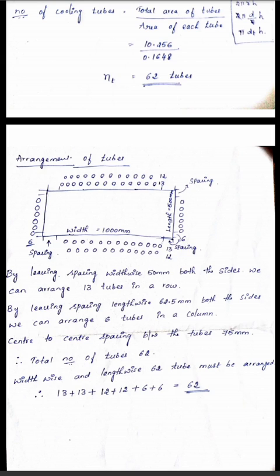Normally you get 13 point something, but I will consider it as 13. So in one row you can arrange 13 tubes. Similarly, length wise, 500 divided by 75 gives nearly 6.6, so I am considering it as 6 tubes.